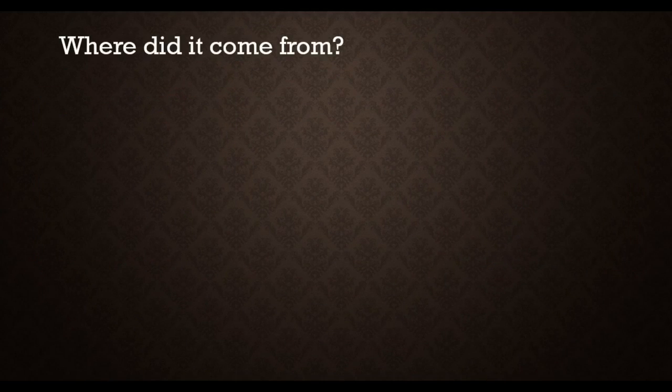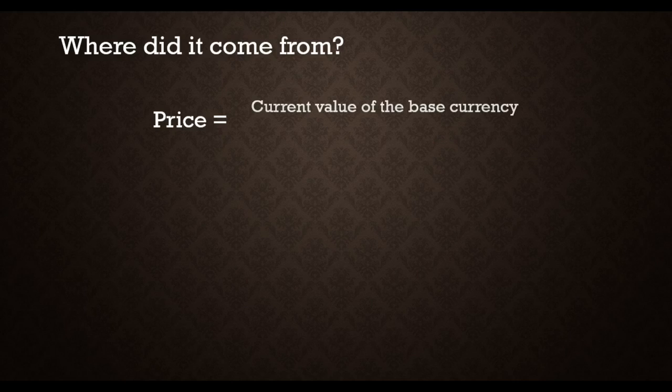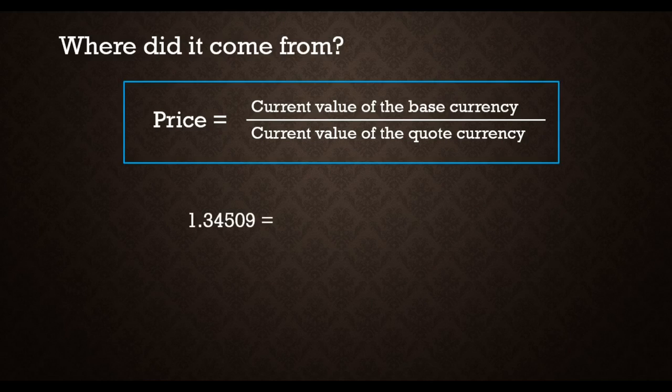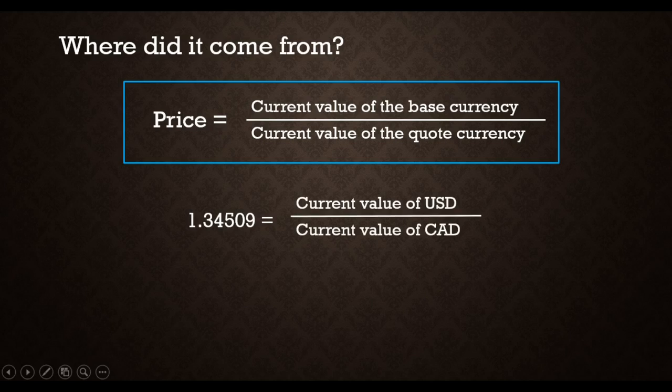So where did it come from? Let's talk about that. It came from this equation. The price equals the current value of the base currency divided by the current value of the quote currency, which in this case, 1.34509 is equal to the current value of the dollar divided by the current value of the Canadian dollar.